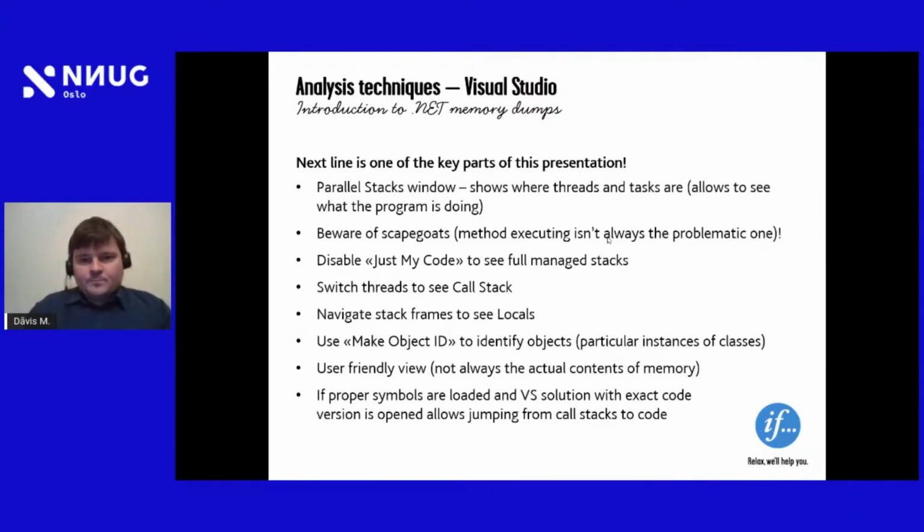In many cases, if the application has locked up or if it's super slow, if there are parallel requests and they are not getting through something, if they are not processed, then very often just looking at the parallel stacks window will pinpoint where the problem is.